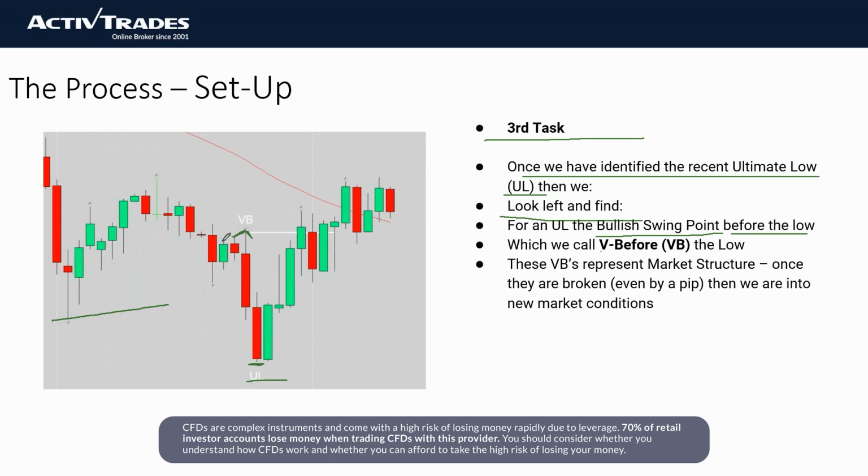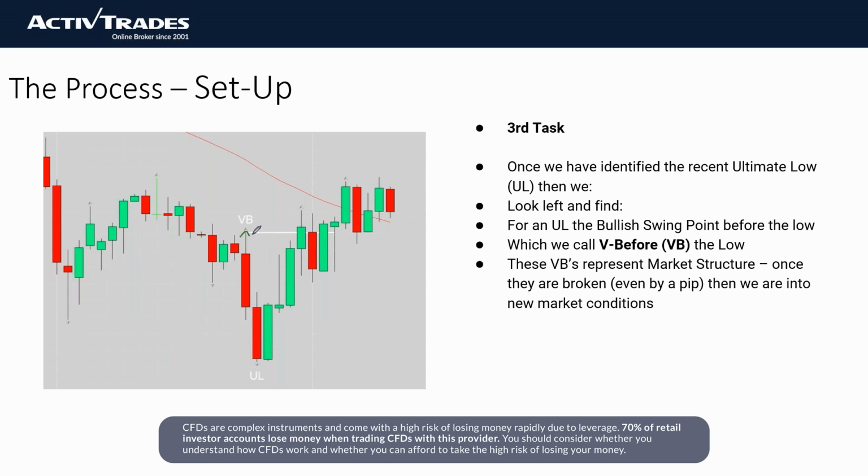It's there. Once again, it just happened to be a fractal, because this point here was higher than the 2 candles before and higher than the 2 candles after. It doesn't have to be, it only has to be a swing point. It just so happens that this is a fractal as well. Let's just clear this.